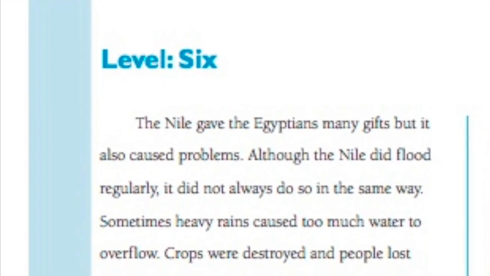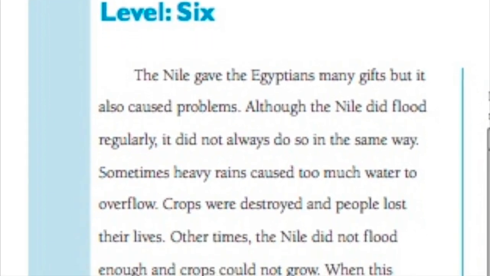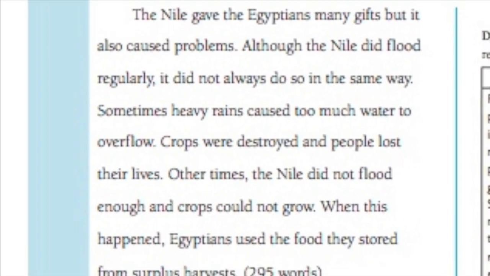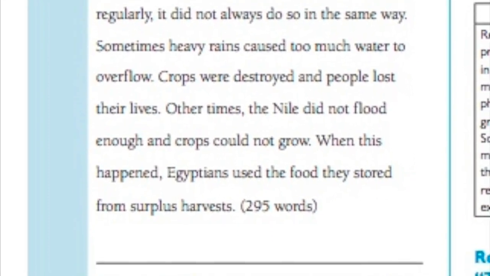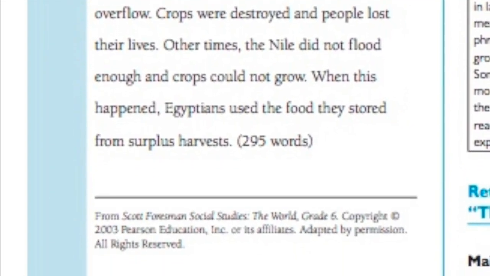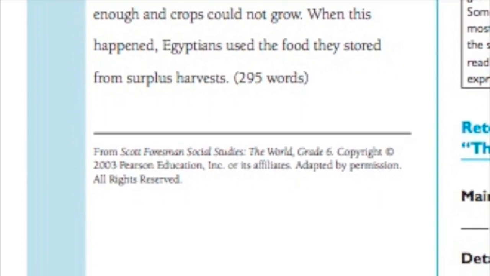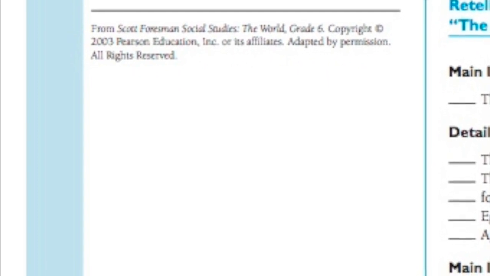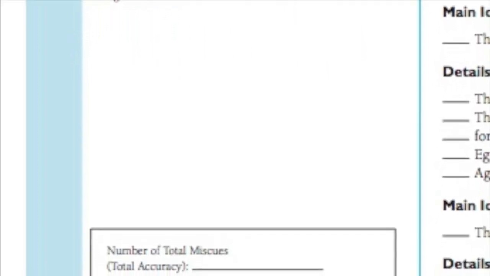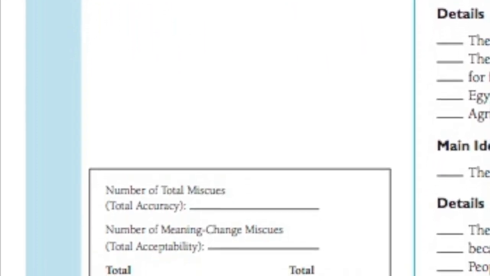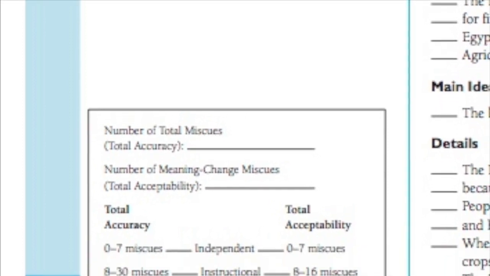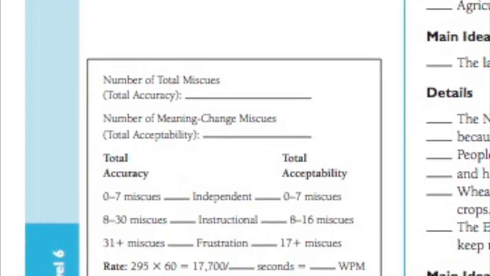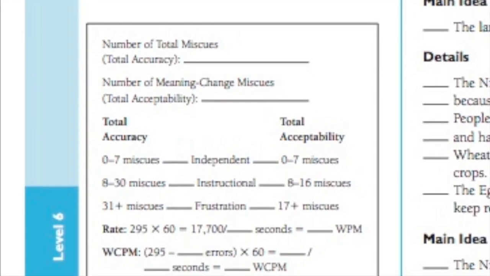Whether or not you utilize total accuracy or total acceptability is up to you. I usually use total acceptability. At this point, you will determine if the passage is at the independent, instructional, or frustration level.